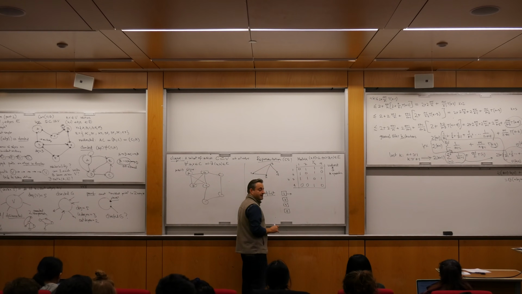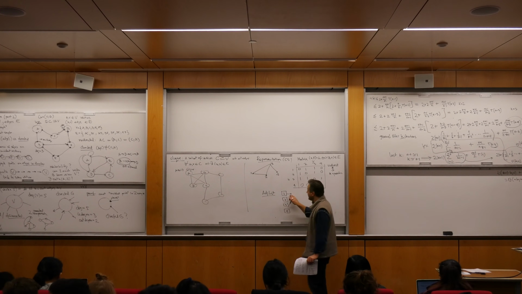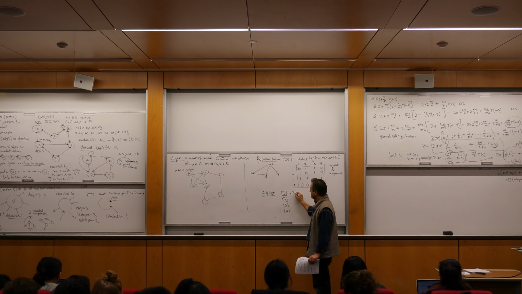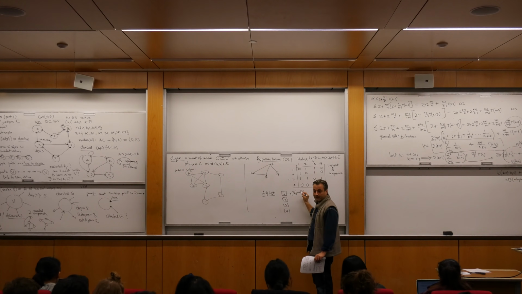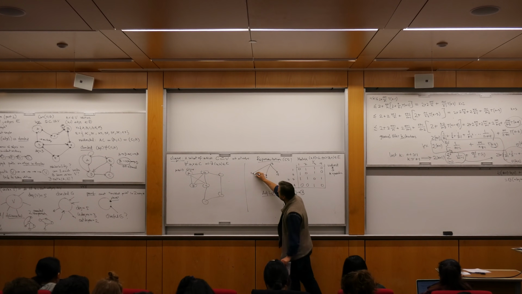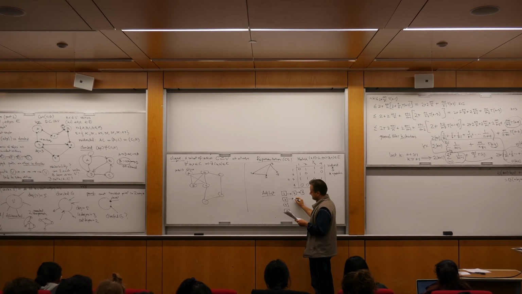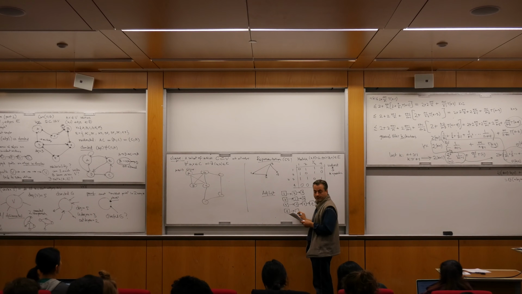Now, what are the points that have a direct edge with 1? Where can I go from 1? 2 and 3. This is not reachability. It's simply where 1 has the edges to. 2 and 3. 2 has edges to 1 and 3. 3 has edges to 1, 2, and 4. And 4 has edges to 3.